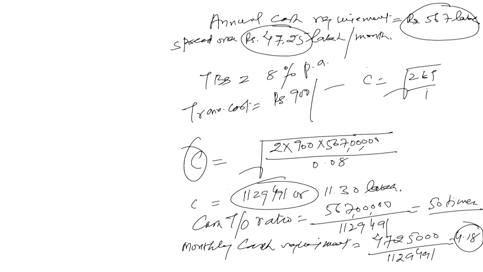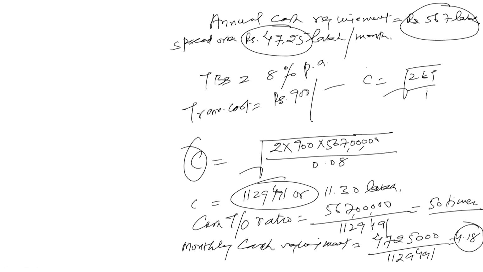So it means if you have the C, that is 11.30 or 11,29,491, what is the monthly cash requirement? If you take the monthly cash requirement and divide it by C, you will find the number of transactions in a month.